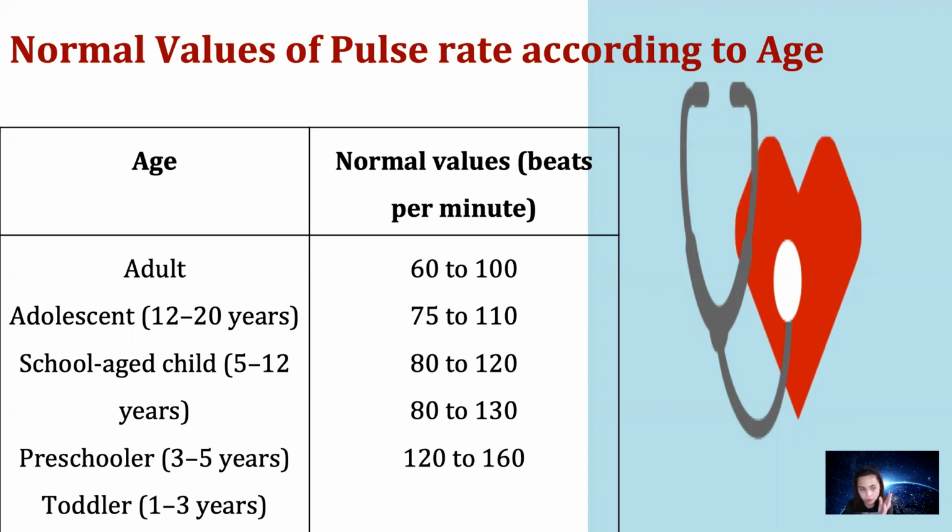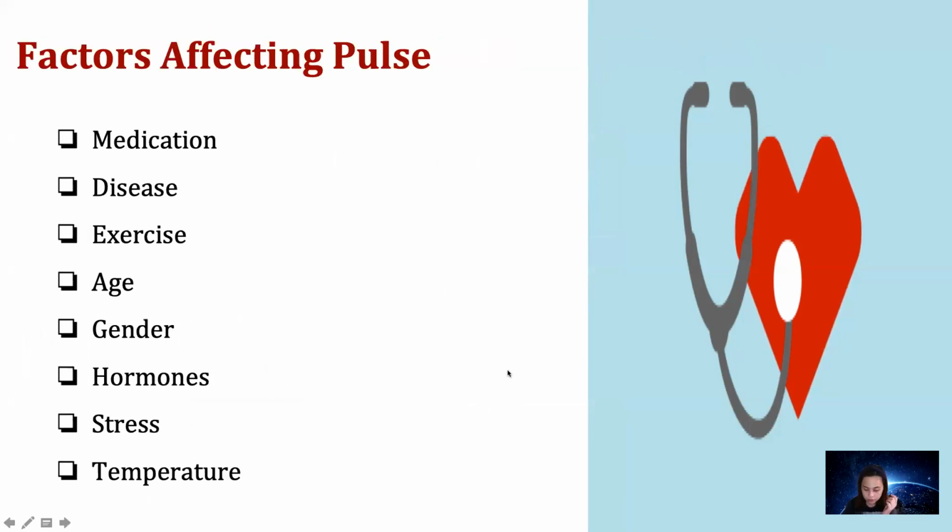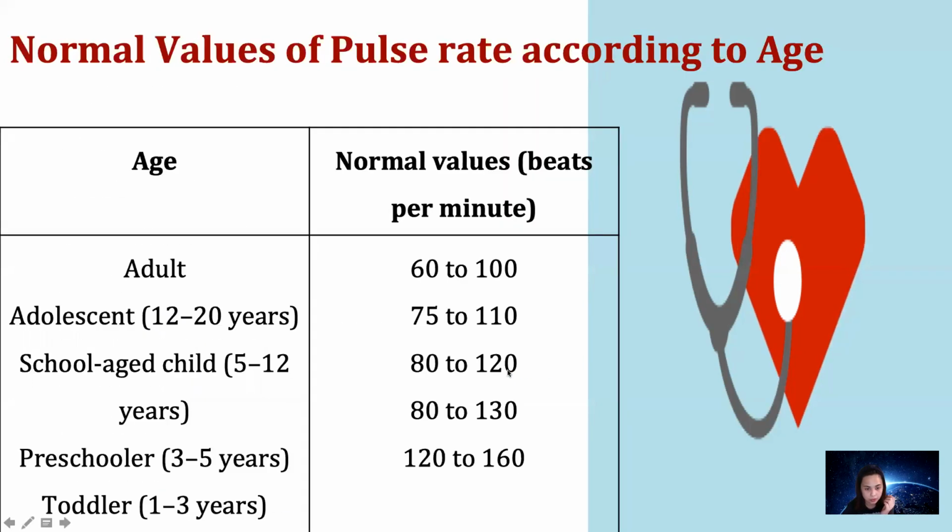If I ask you to write what is the normal values of pulse rate, you should answer me with digits and also the units. Okay, so it will be incorrect if you put only the number, but you did not put the beats per minute. So the normal for adult is 60 to 100, adolescent, and school age is listed below.